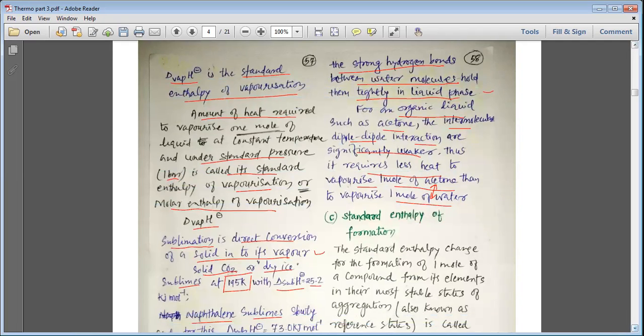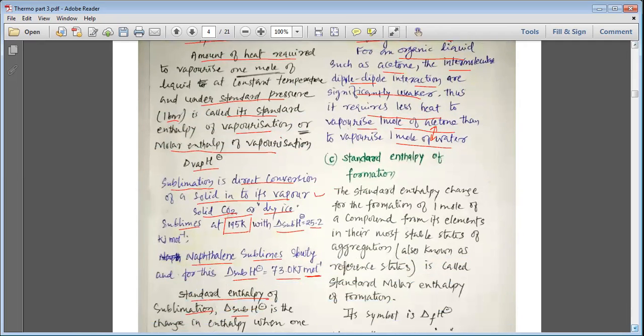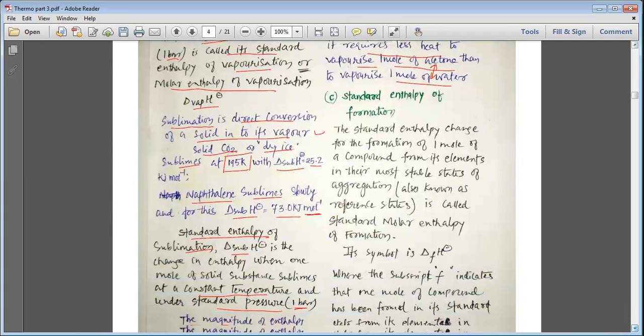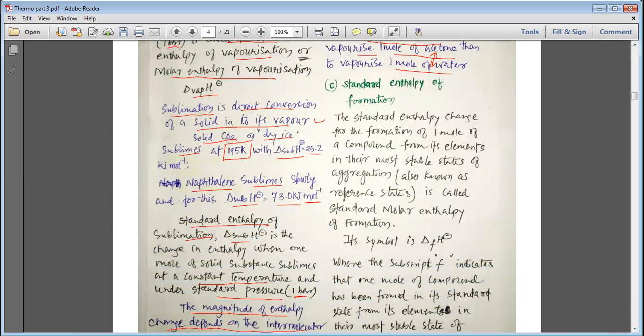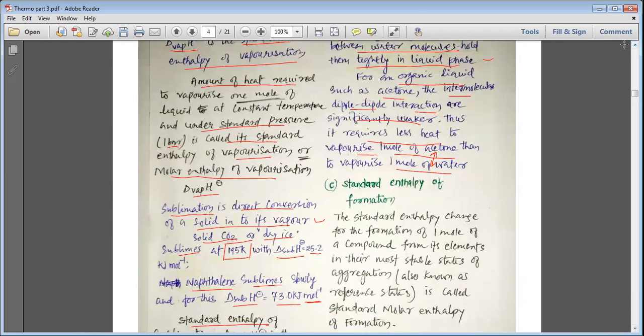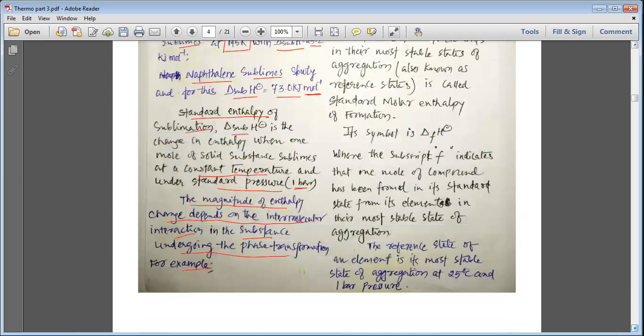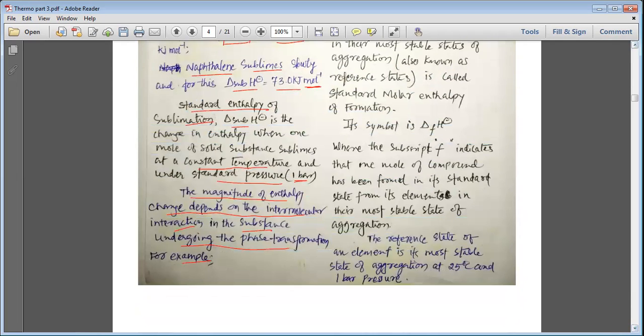From these values, we can easily understand that for the liquid state the value is very high because the hydrogen bonding present in the liquid holds the water molecules very tightly. We have also understood the enthalpy of sublimation, when 1 mole of dry ice is directly converted into gas.